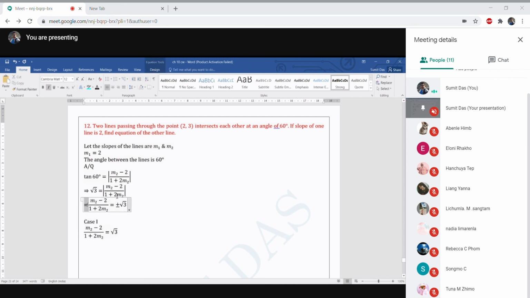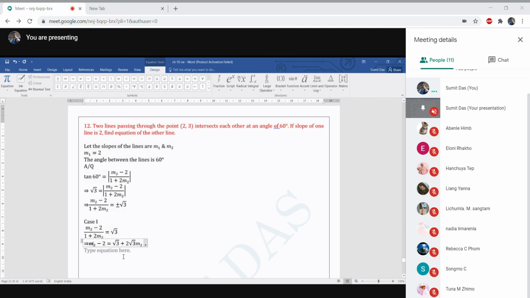If you simplify, it will be square root of 3 plus 2 square root of 3 m2, then m2 minus 2 square root of 3 m2 equal to 2 plus square root of 3.